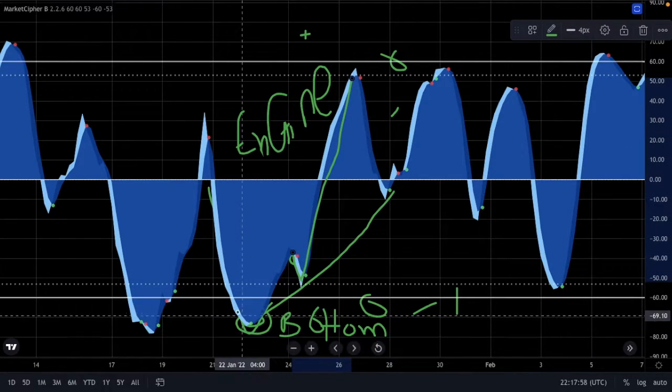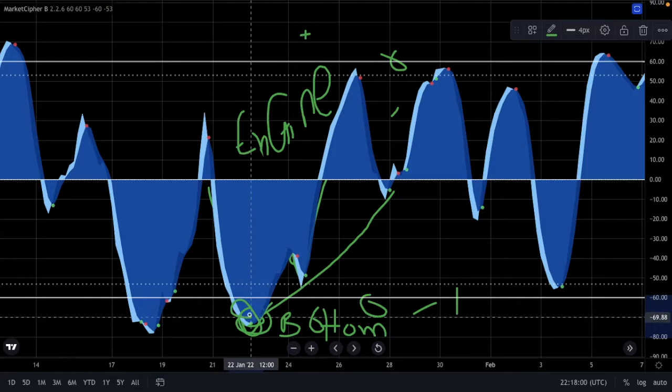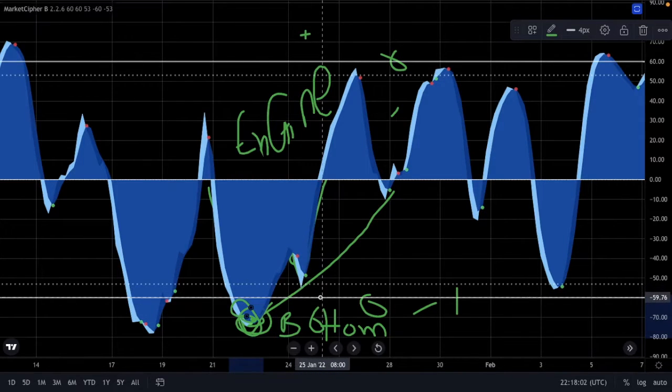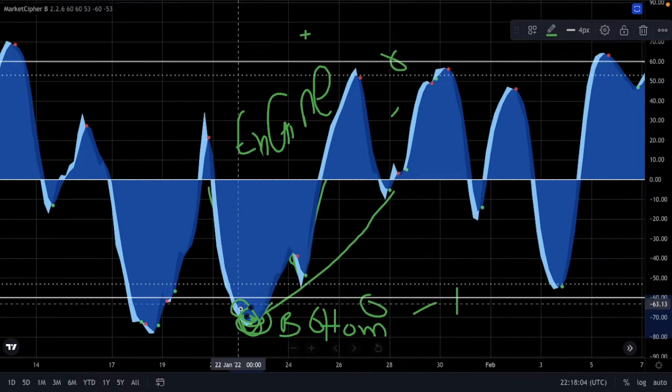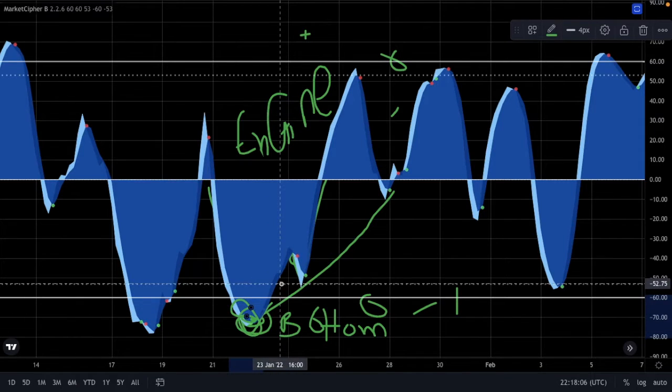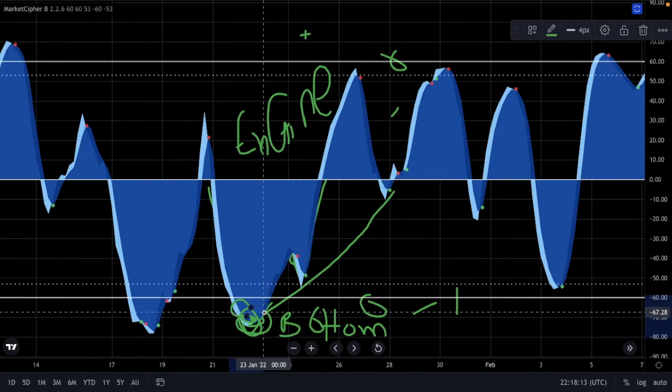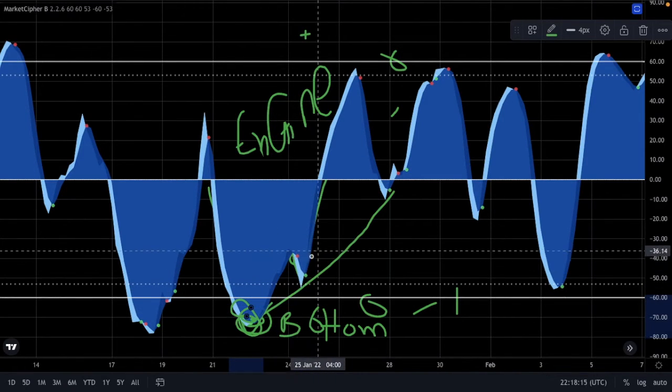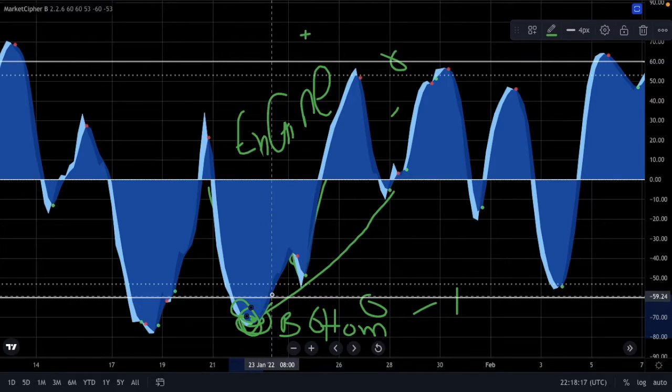But the indication of this line is that price has reached the ultimate selling point, and we are not going to sell this asset anymore. So there is going to be a redirection of the movement of price.